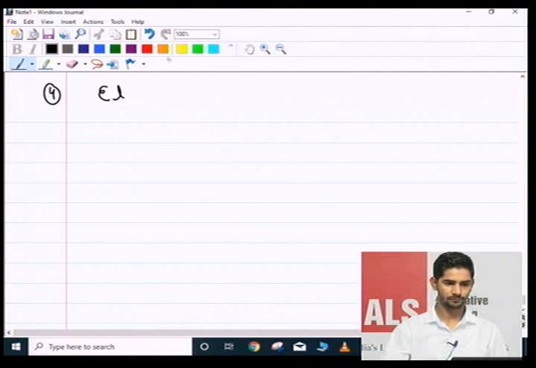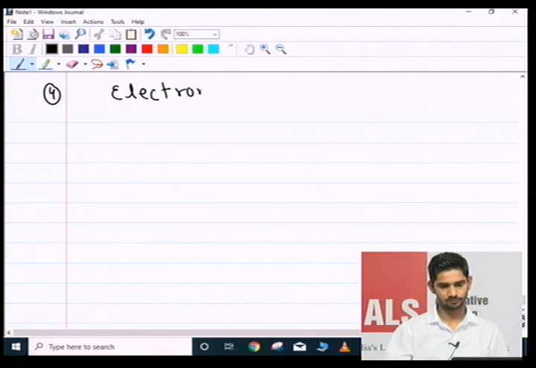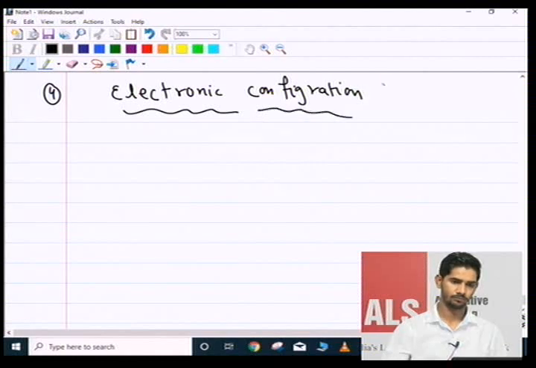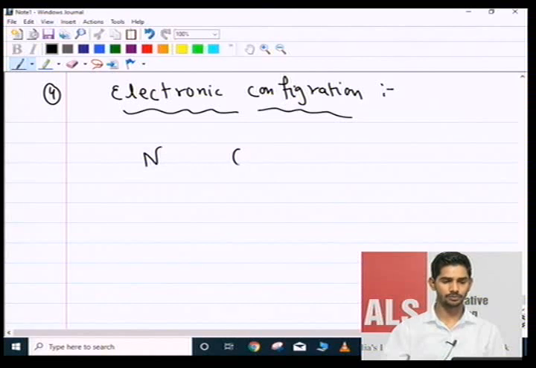Electronic configuration. Guys, please do one thing for me. I'm comparing nitrogen with oxygen.